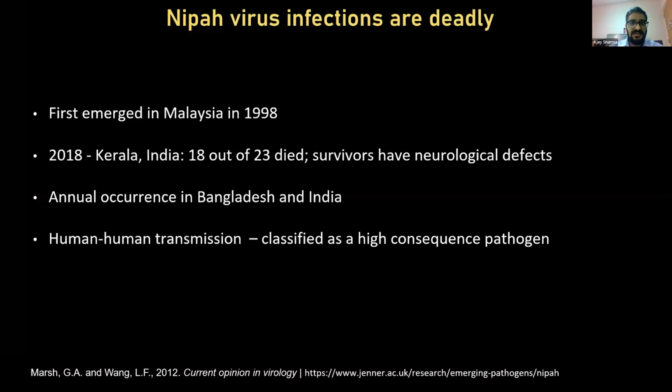The major fact about this infection is that the mortality rate is very high, and it occurs in regions such as India and Bangladesh. Its occurrences are very frequent, and the most important thing is that human to human transmission is also feasible, so it is classified as a high contagion pathogen.